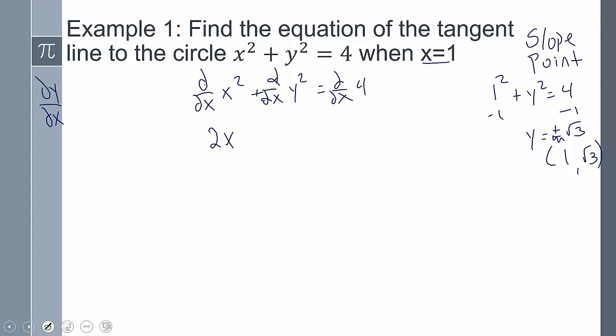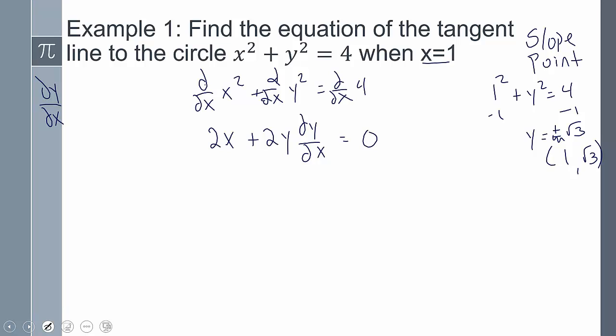The derivative with respect to x of y squared is going to be 2y dy over dx. And then the derivative with respect to x of 4, it's just a constant, I get 0.